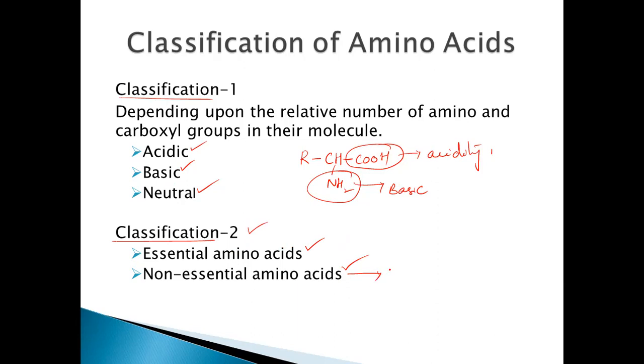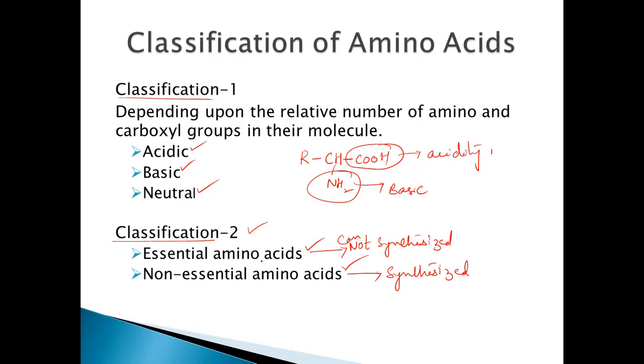Non-essential amino acids are those which can be synthesized in the body, so they are not required from outside. Essential amino acids are those which cannot be synthesized in our body, so they should be taken in our regular diet. It doesn't mean that one group is required by the body and the other is not.